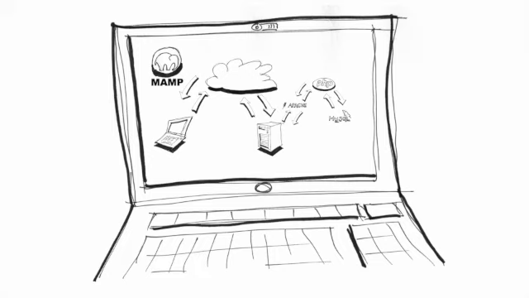And so your laptop will be the client side, but it will also be the server. So MAMP will run up an instance of Apache. It has the PHP interpreter and another instance of MySQL server. And your laptop will act like the server side as well as being the client. Your browser will talk to your own computer and keep it all in-house. And that's basically the way this is going to work.